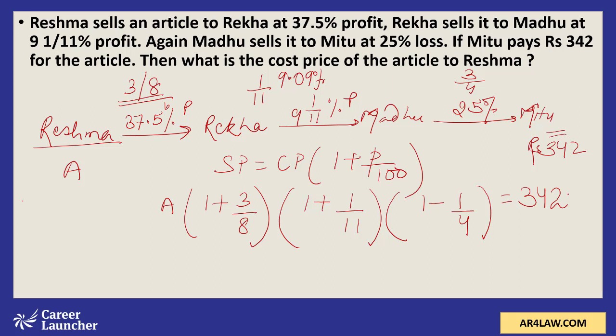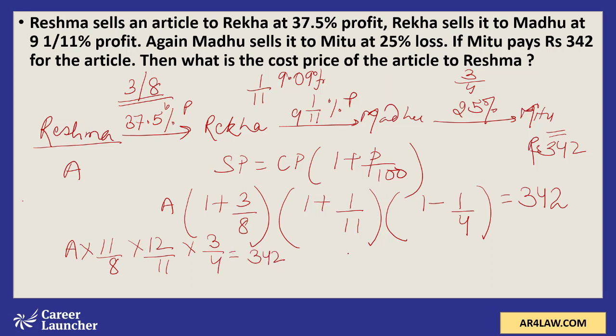Let's see how the calculation becomes easier. So what do I get? I get 1 plus 3 by 8 is 11 by 8. Then I have 12 by 11. Then I have 3 by 4. And this is equal to 342.